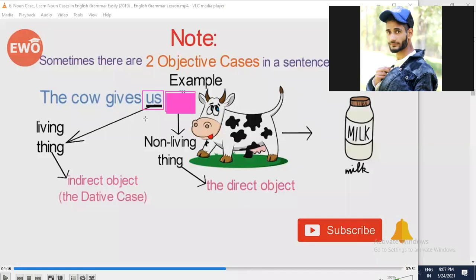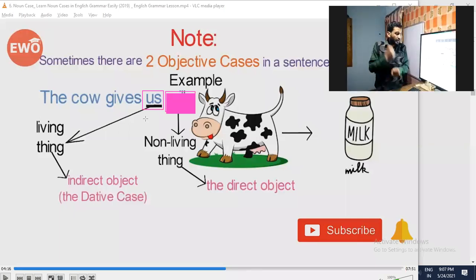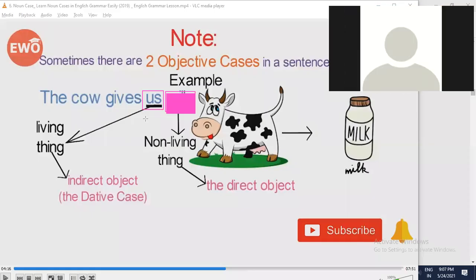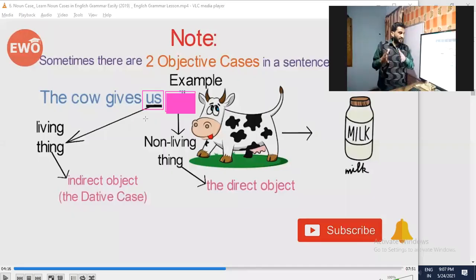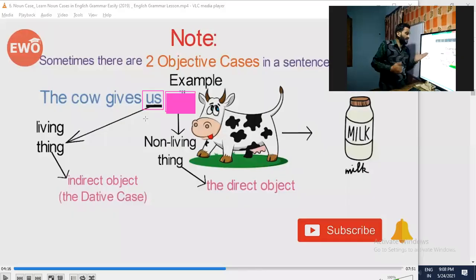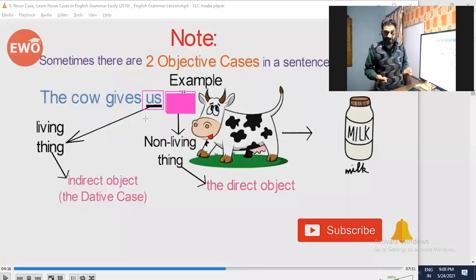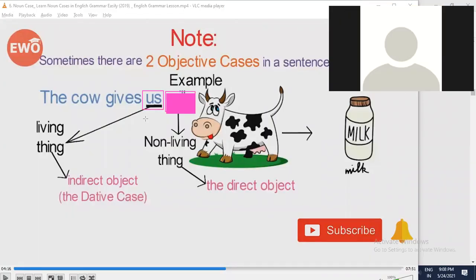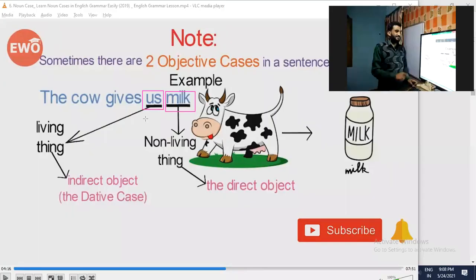So we cannot remove a direct object, because it may leave the sentence incomplete. The cow gives us. What gives us? Okay, the cow gives us milk.